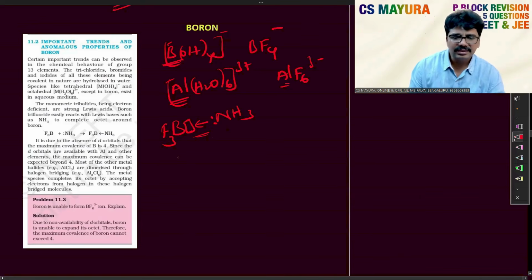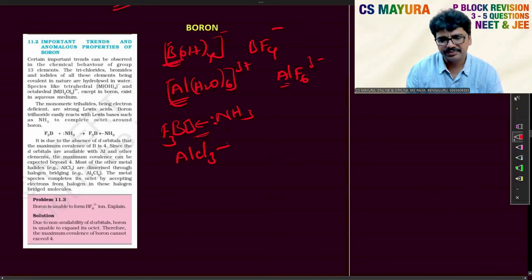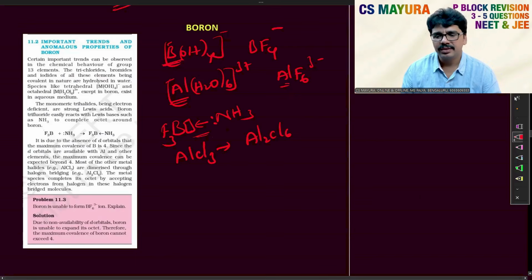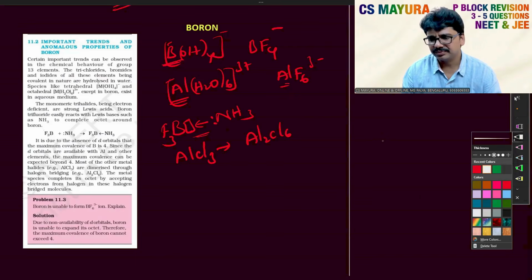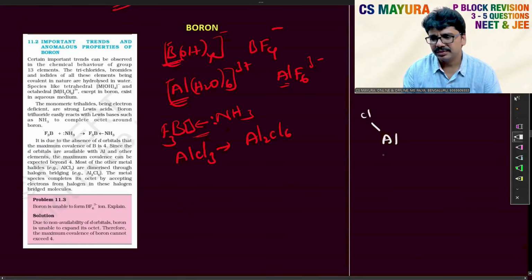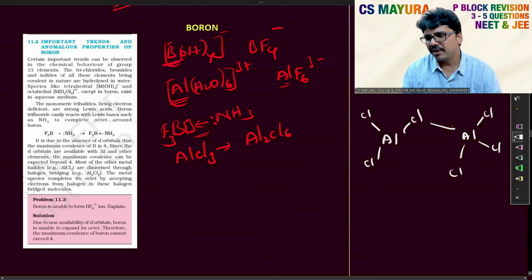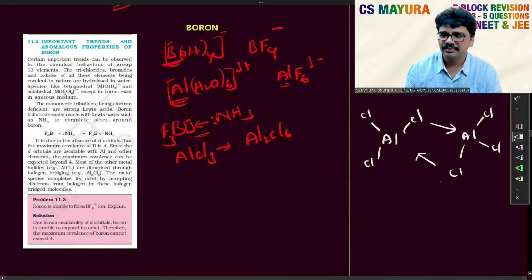Next, AlCl3 forms a dimer, Al2Cl6. You can see this AlCl3 structure like this. This is one AlCl3, this is another AlCl3. This chlorine forms a dative bond with aluminum, and this chlorine forms a dative bond with aluminum. There are 2 dative bonds in Al2Cl6.